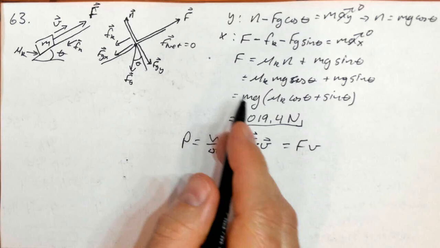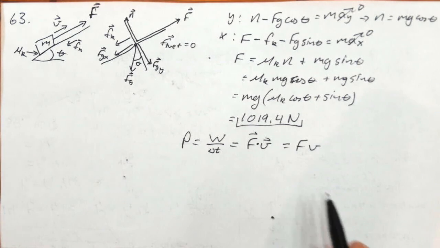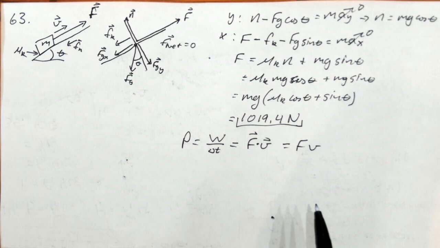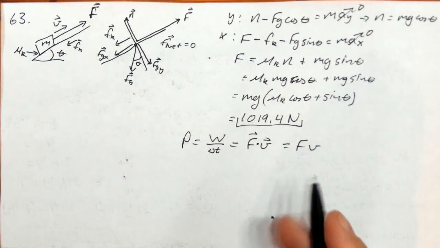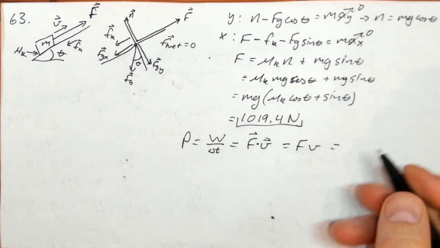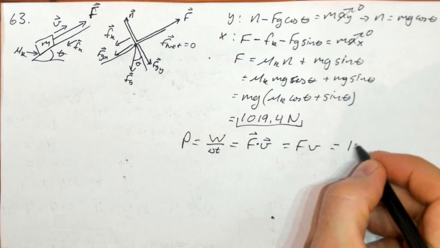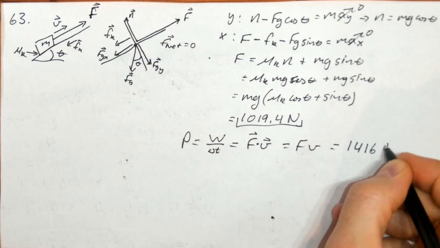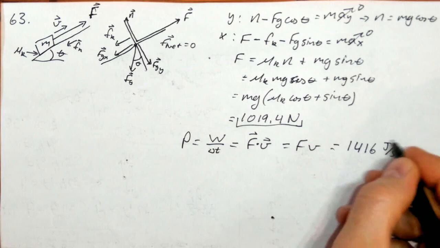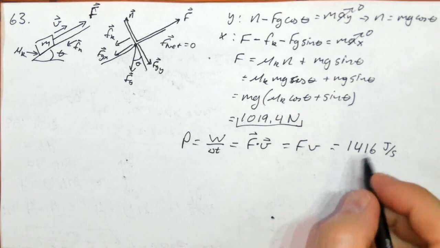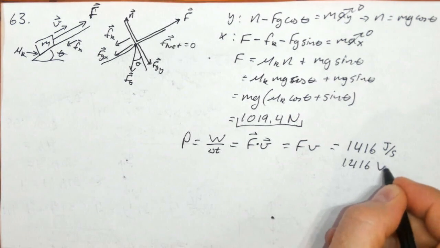And we have the force, and we have the velocity, being careful to convert that velocity to meters per second, since it's in kilometers per hour. But in doing so, we can plug that in, and we can say this is 1416 joules per second, or again, that's watts, given by the symbol W.